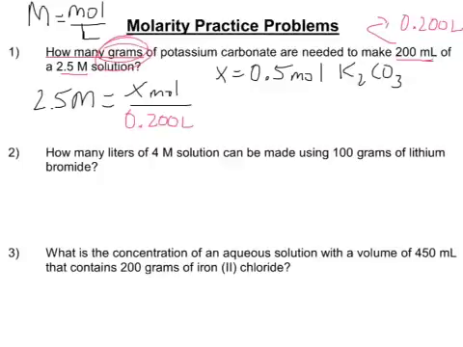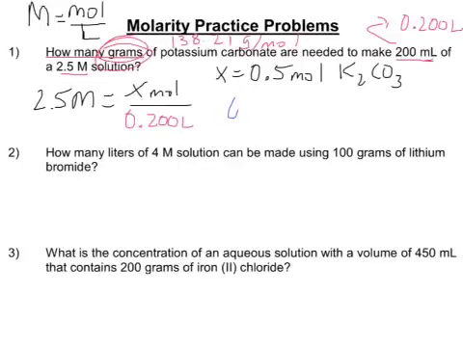But the question is asking how many grams. So you have to make sure that you give them what they asked for. Now, the only way to do this is to look up the information. So this is 138.21 grams per mole. Then we can use that information to help us find the grams.